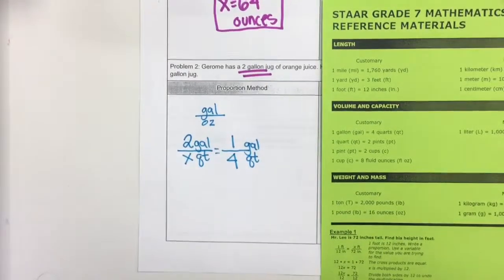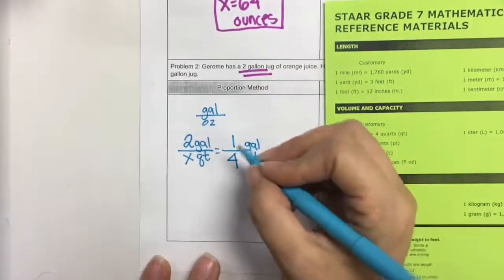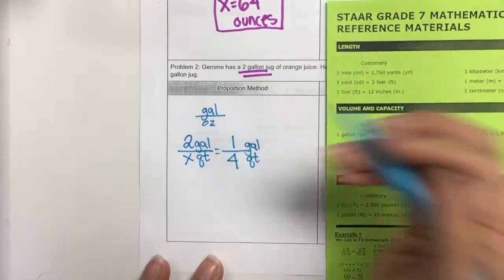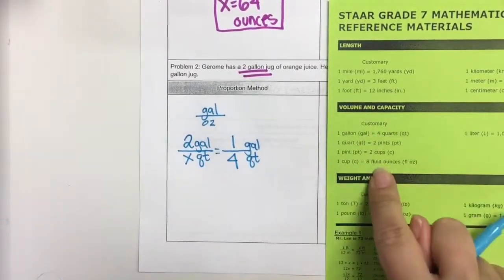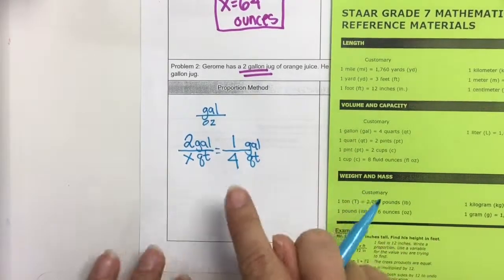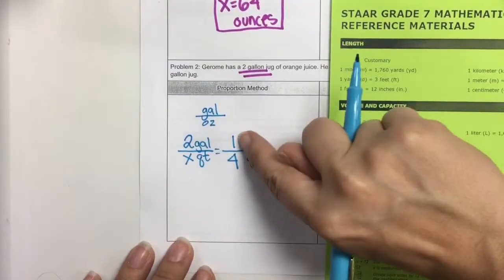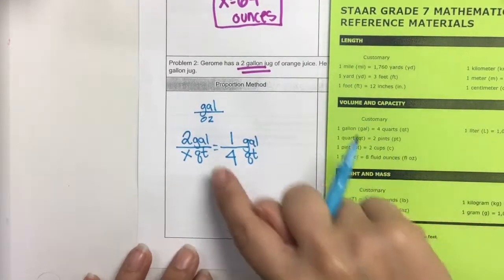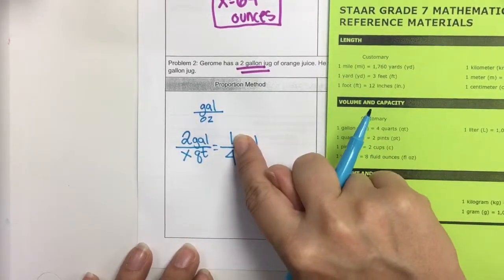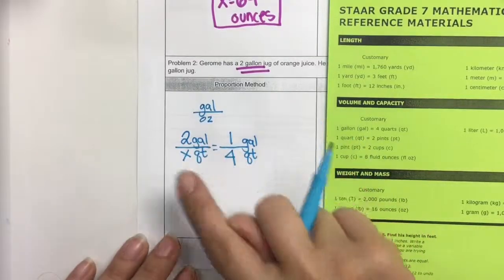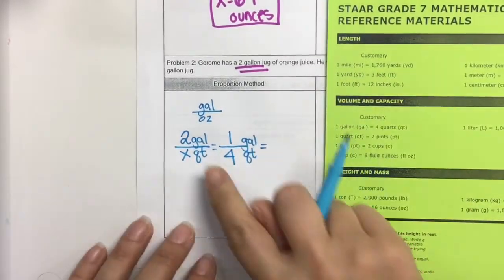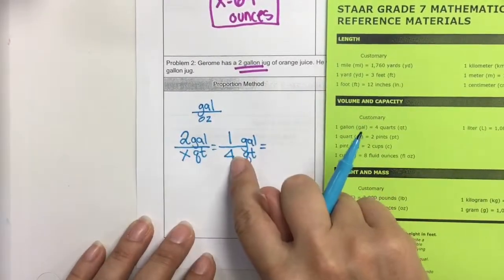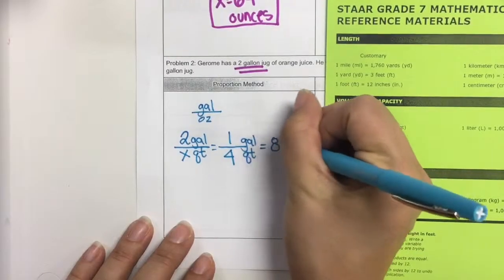Well, the cool thing about measurement is you're always going to have this unit rate, because these are all literally just unit rates, correct? It's out of 1. Well, if this is a unit rate, then all I really have to do is multiply these, correct? Think about cross product. I would multiply then divide by 1. When you divide by 1, nothing happens. So the reality here is that this proportion just tells me that 2 times 4 is 8 quarts.